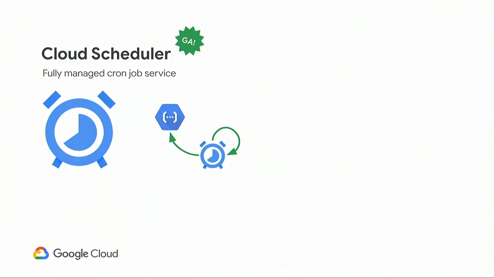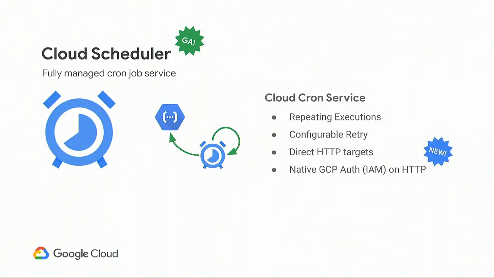Cloud Scheduler. Is everyone keeping up? I'm not going to say very much about this. It's great because it's simple. It's a managed cron service, so you can schedule repeating executions. You can also have a retry policy if your execution failed. You can have arbitrary HTTP.